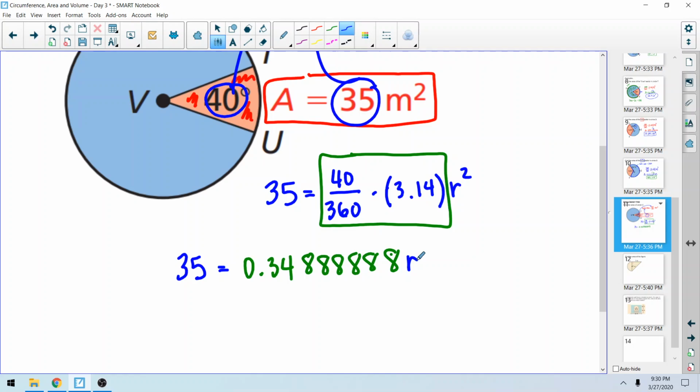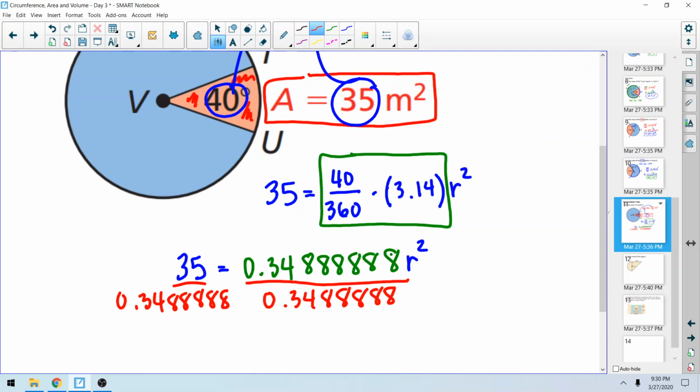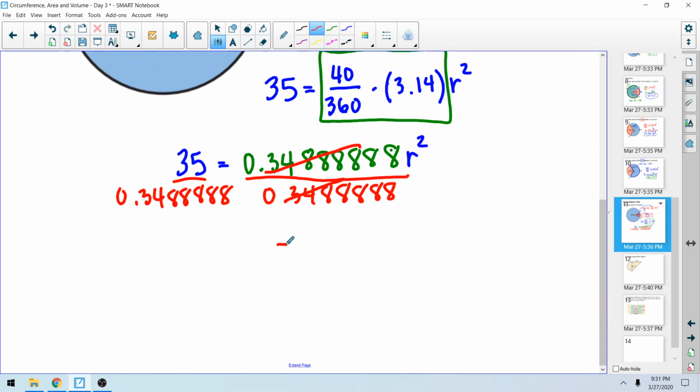And then r squared. Now, we're still trying to figure out what r is, and we've got this big long decimal times r squared. The opposite of multiplication is division, so I'm going to divide both sides by that huge long decimal, which is going to cancel it over here, and on this side is just going to leave me with r squared, which is fantastic.